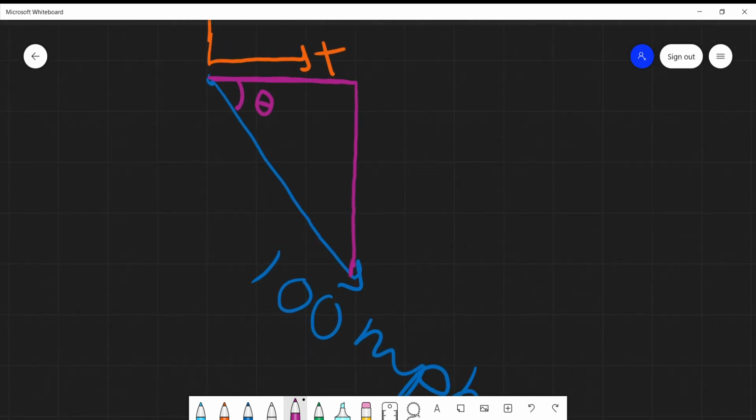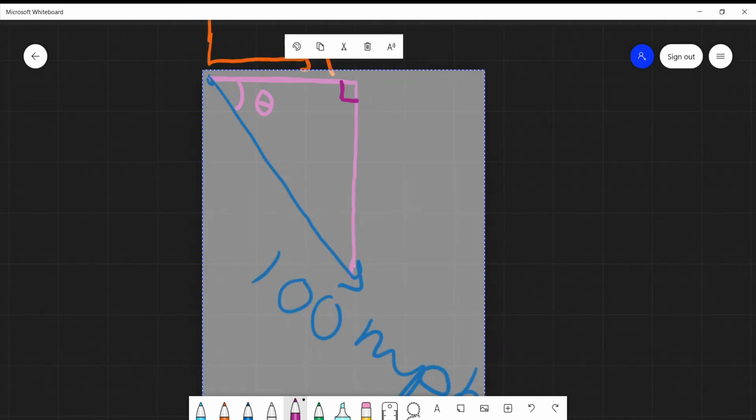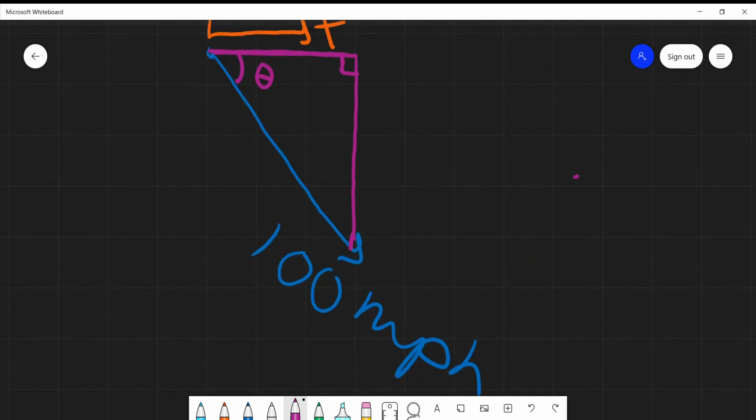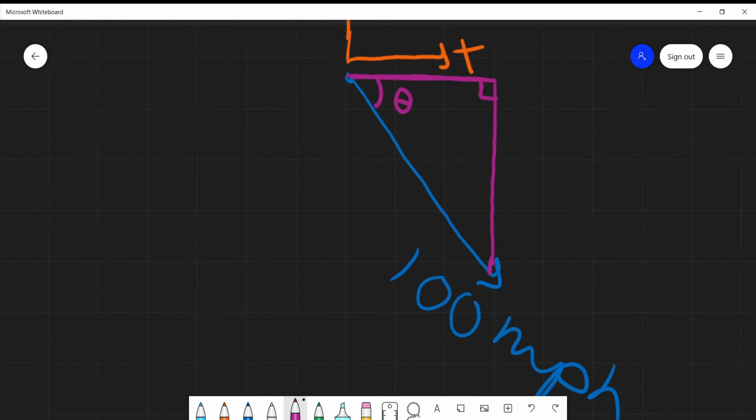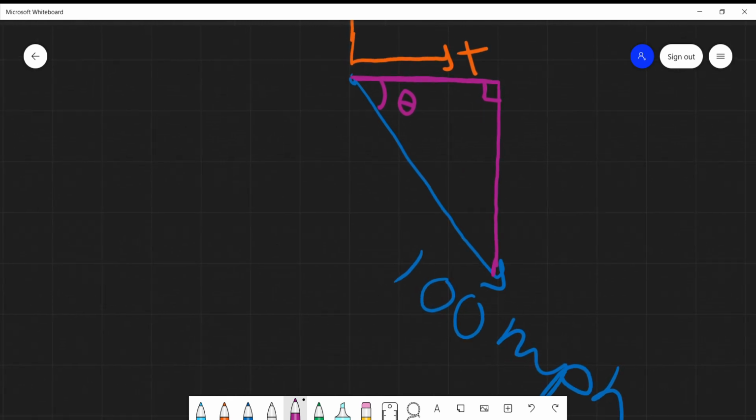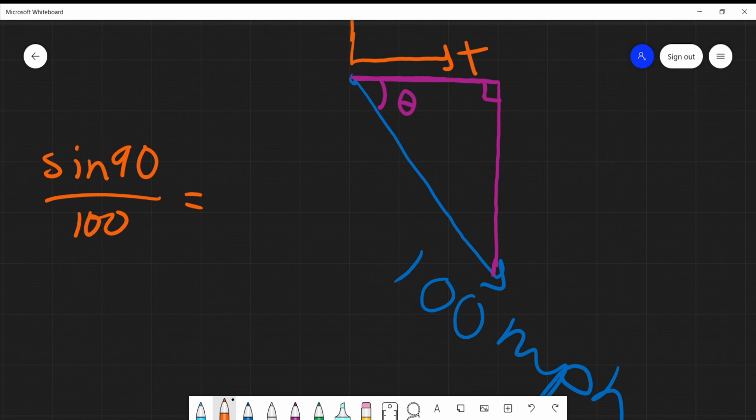Those two components create a right triangle. So we can figure out what those two components are by using law of sines. So we're going to do, let's see, sine of 90 over 100 equals, oh, I guess we can't do that quite yet.